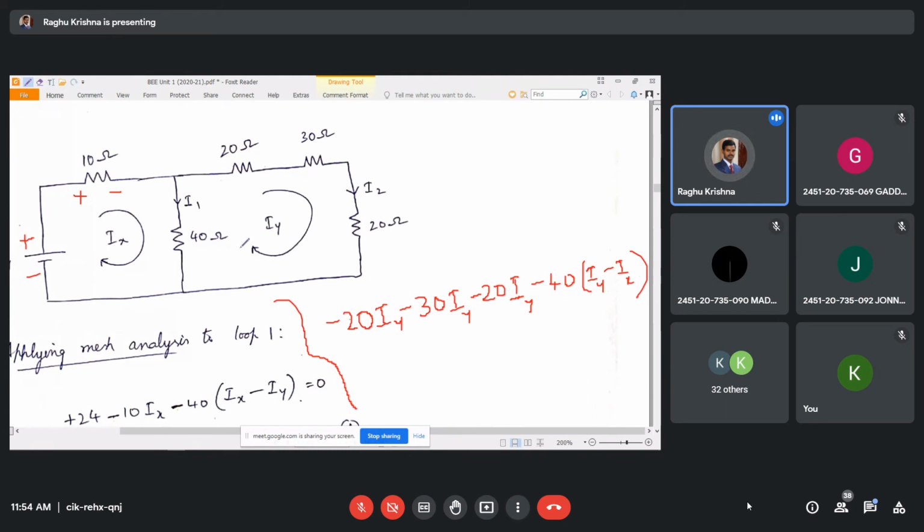Iy and Ix are in opposite directions, so Ix is opposite to Iy, right? Next, after this, write 40 Ix. Okay, 40 Ix.